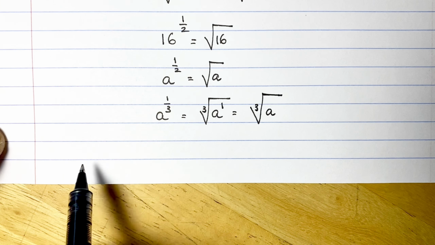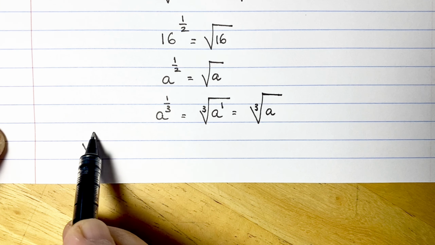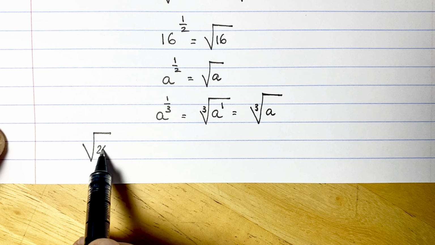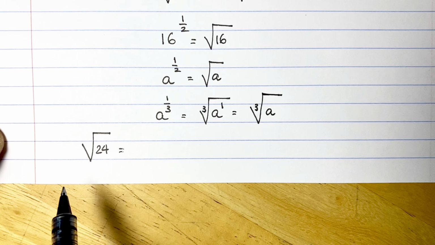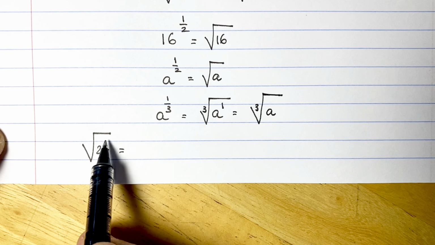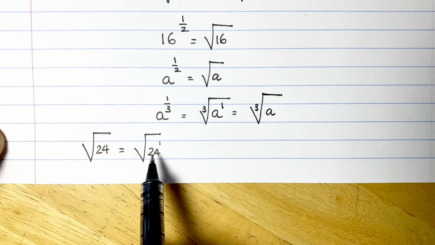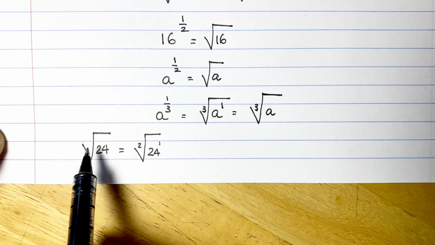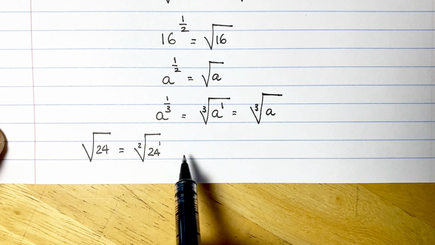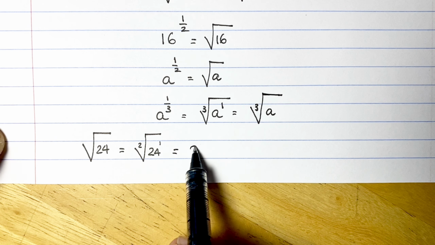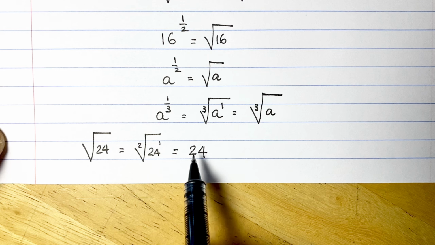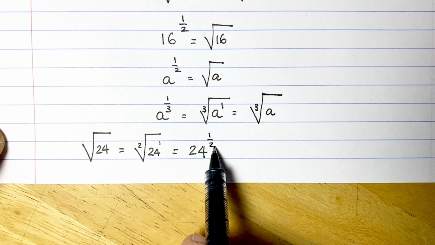So when we go backwards, say we have root of 24, and I want to write it in fraction form, I must remember that there was an invisible 1 for 24 and square root of 2 here, which was not written, and it was made invisible. So I can write this as 24 to the power of 1/2.